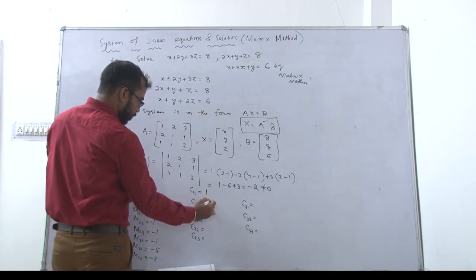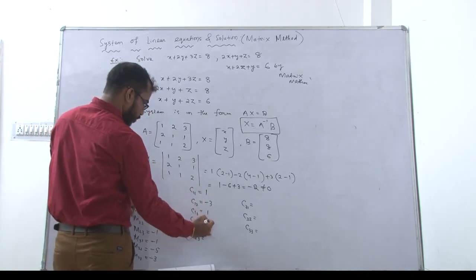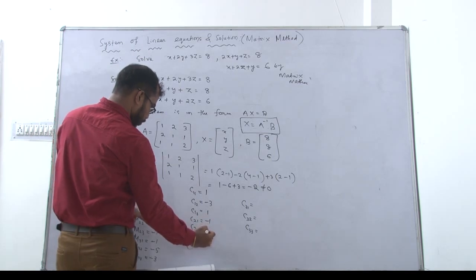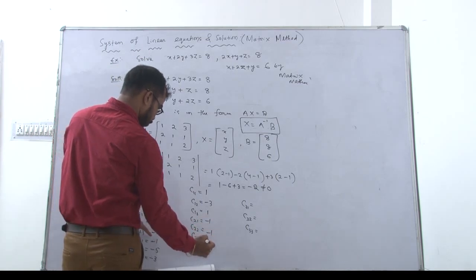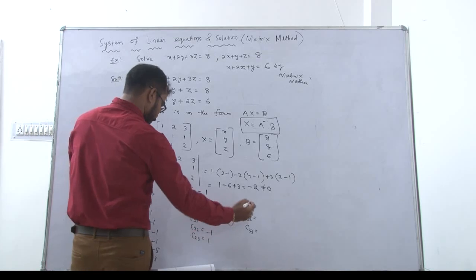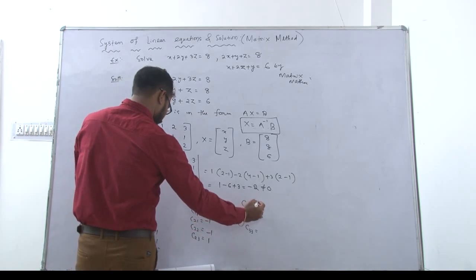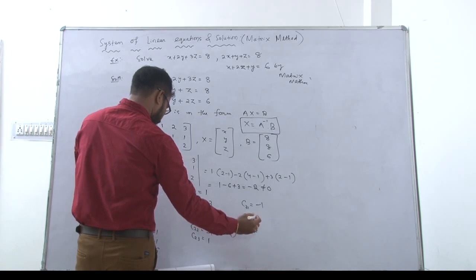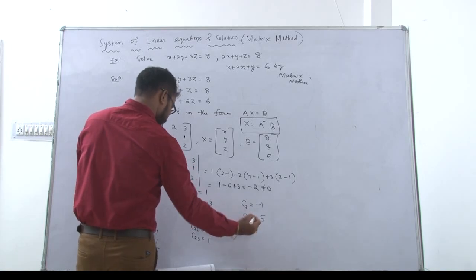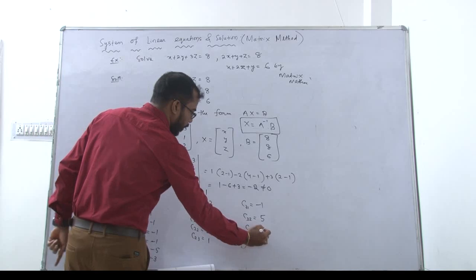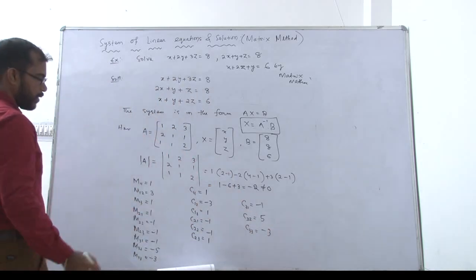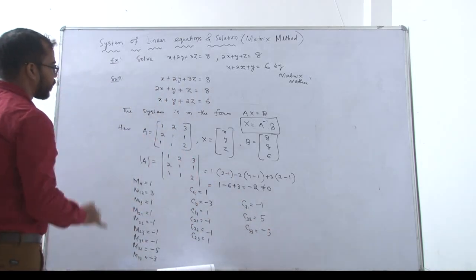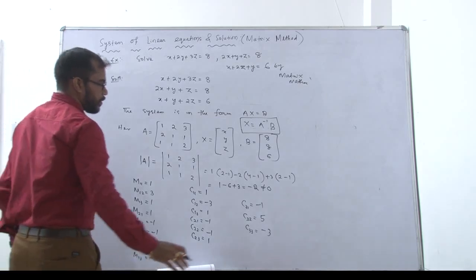This changes the sign, so minus 3, 1, minus 1, minus 1, 1. C31 is minus 1, and C32 is 5, and the last one is minus 3. So these are the cofactors of the system.